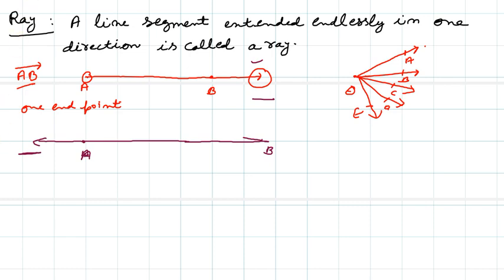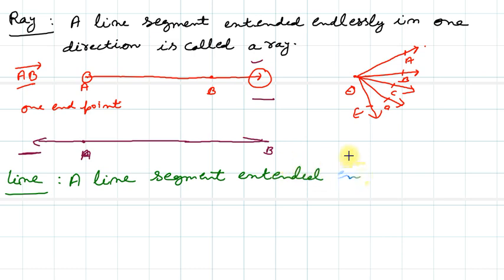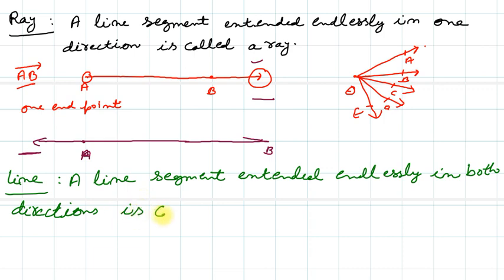Next is a line. A line segment extended endlessly in both directions is called a line.